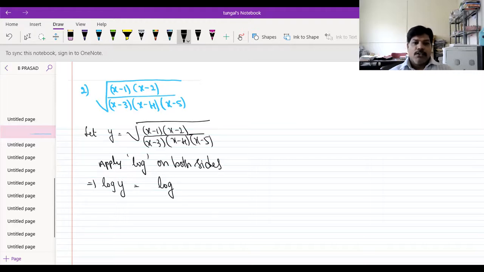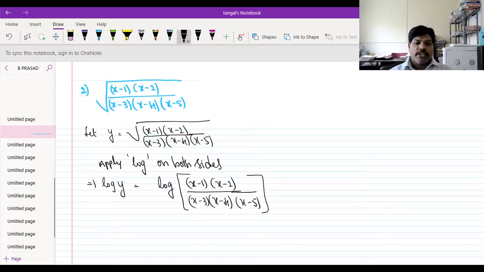So I will write log y equals log of [(x minus 1)(x minus 2) by (x minus 3)(x minus 4)(x minus 5)] whole power 1 by 2. Just as the square root is there, we can write it as power 1 by 2.